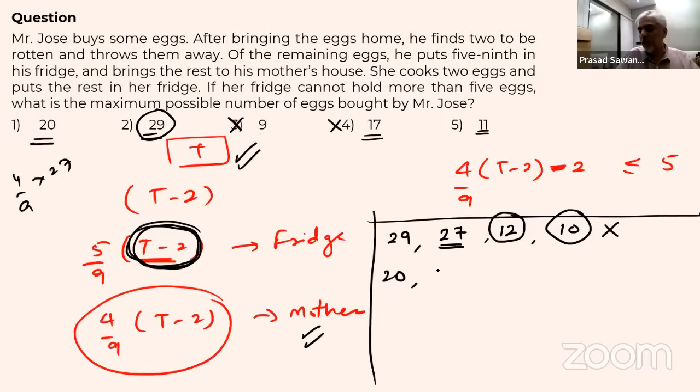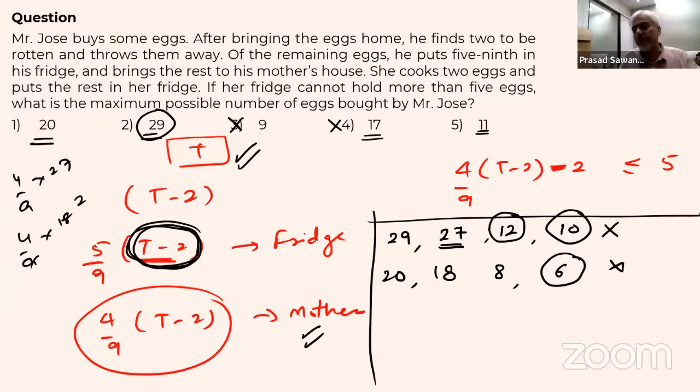20. 2 are rotten, so 18 are left. 4/9 of 18 is 8. He takes 8 eggs to the mother's house. Mother cooks 2. So 6 are still left. Still more than 5, not your answer.